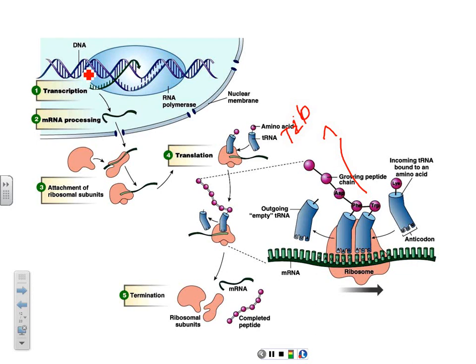Water is coming out, and what's the name of the bond that I'm forming? Peptide bond. What am I building? You got it. I'm building the protein. Mistake proof. Right? So that's exactly what's going on here.